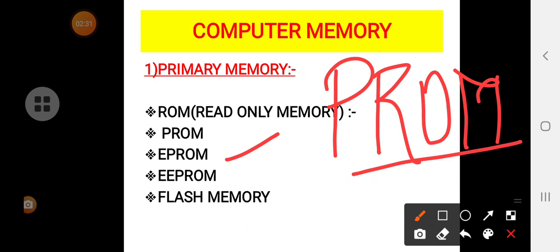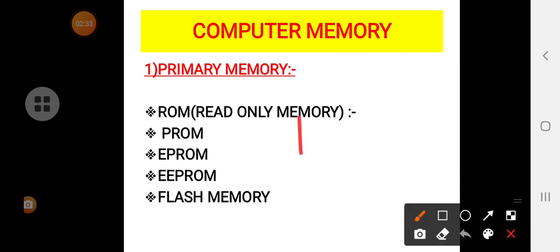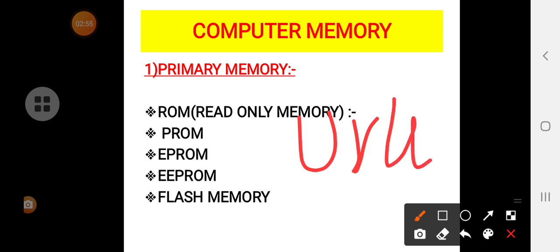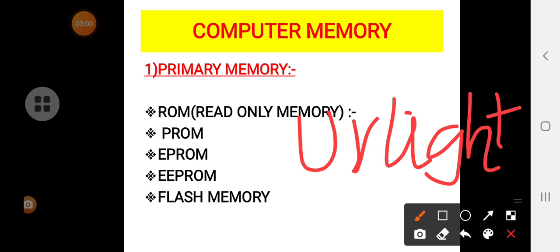With the help of ultraviolet rays, the contents on the ROM can be edited and programmed. The contents can be erased with the help of UV rays or UV light. This is a key point you have to remember for EPROM.